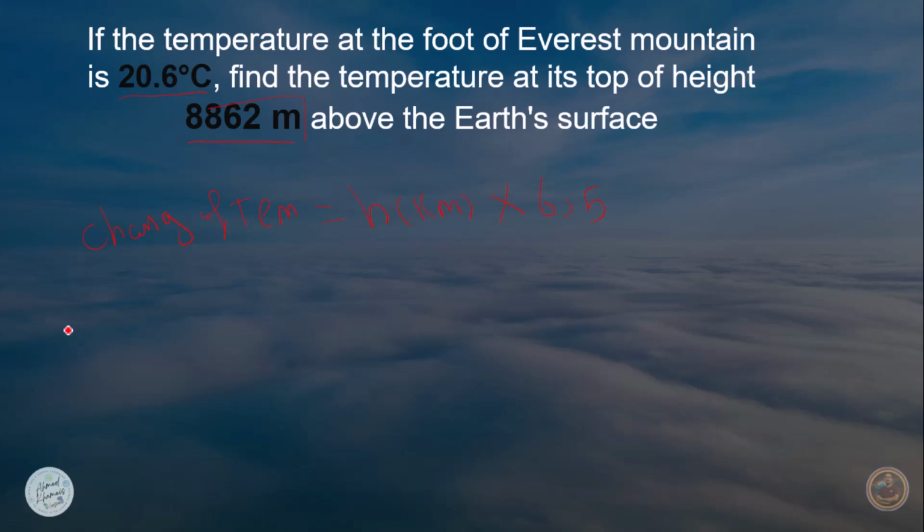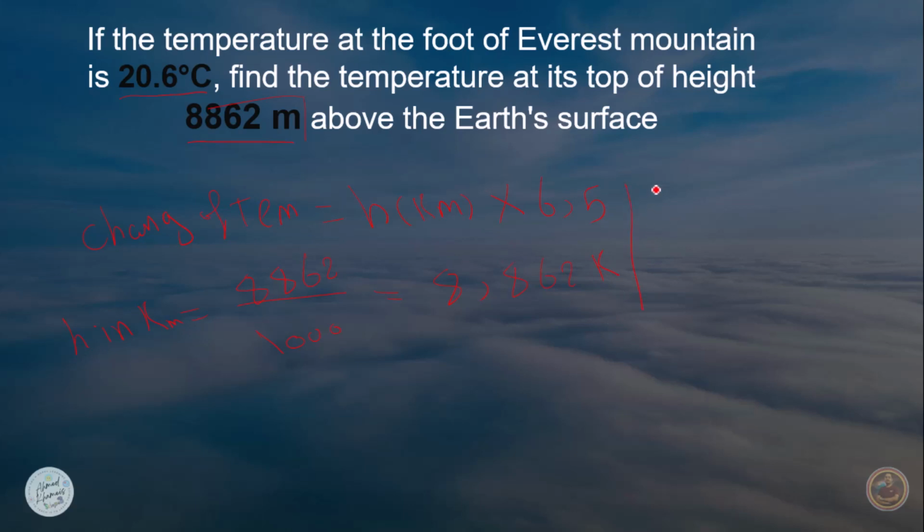So height in kilometers equals 8,862 over 1,000, which is 8.862 kilometers.